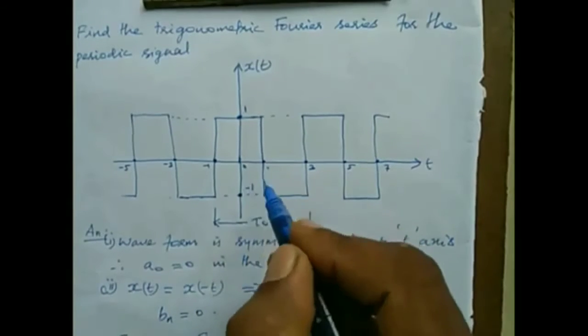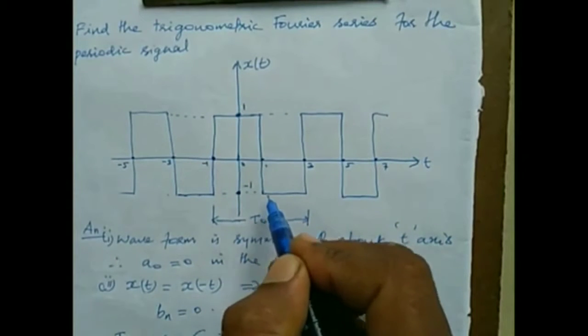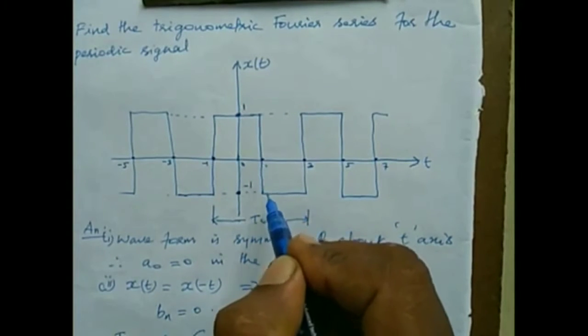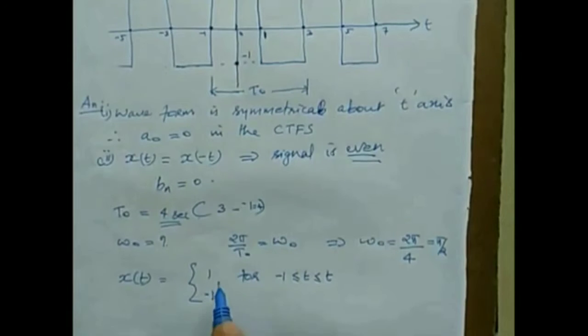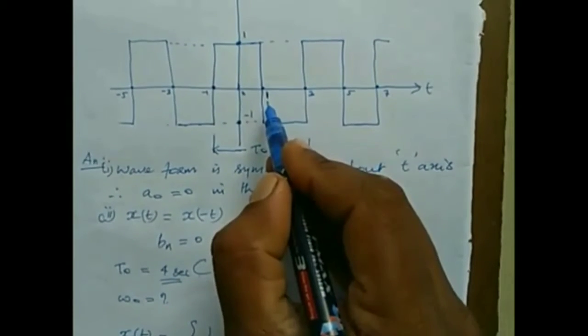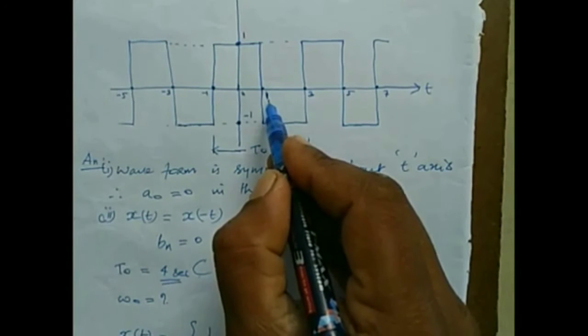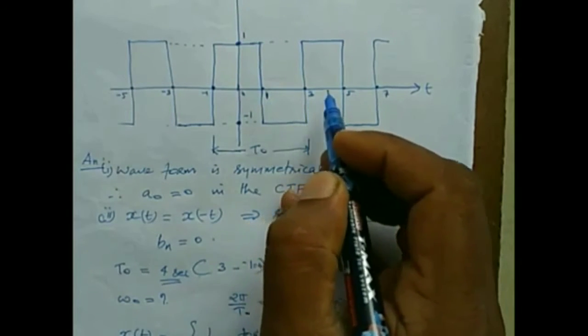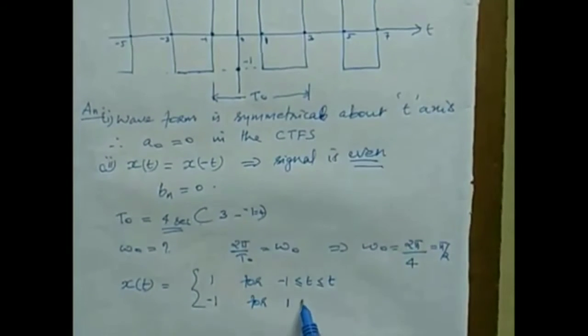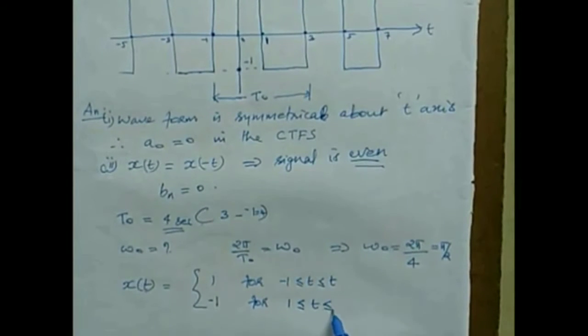Okay, x of t goes to -1 and remains at -1 from 1 to 3. That means x of t is equal to -1 for 1 less than or equal to t less than or equal to 3.